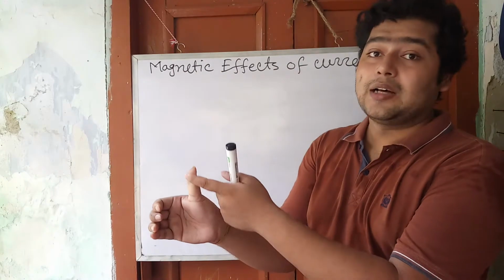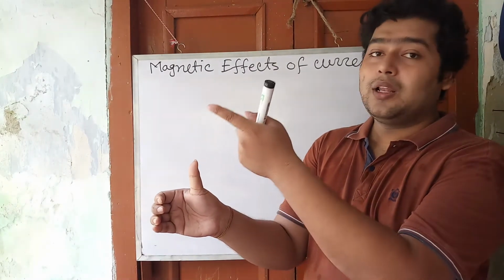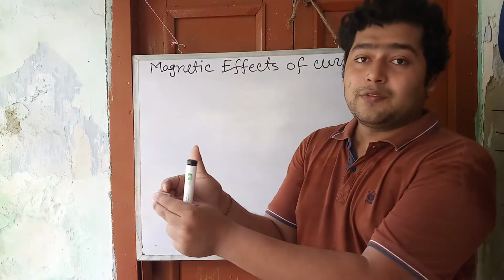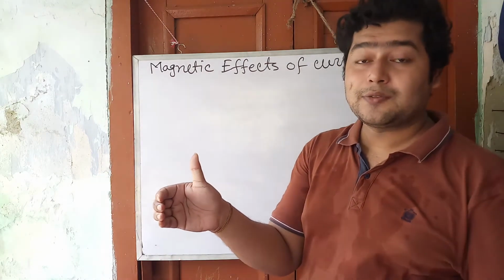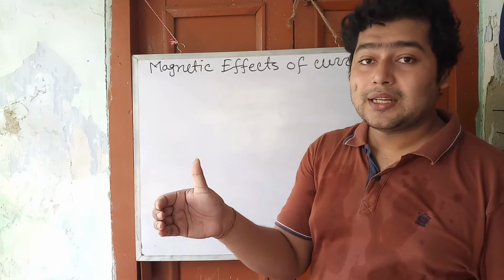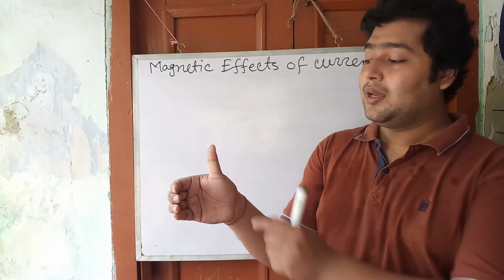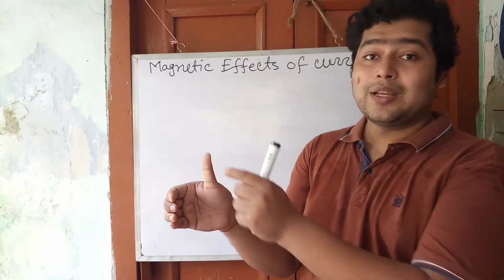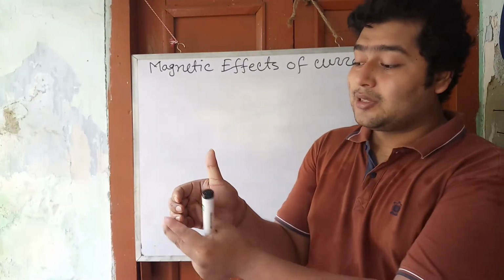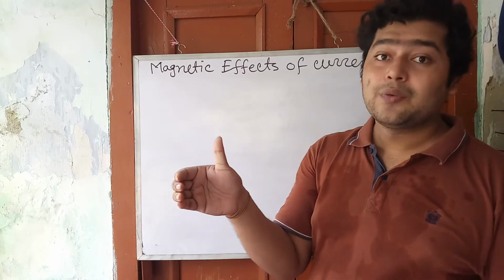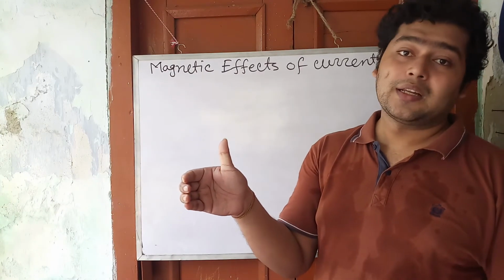According to our thumb, the current will flow, and by the direction of the other fingers, we get the magnetic direction. According to our thumb we get the direction of current, and according to the direction of the other fingers we get the direction of the magnetic field.